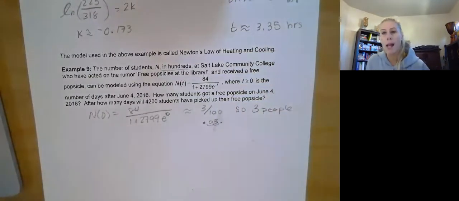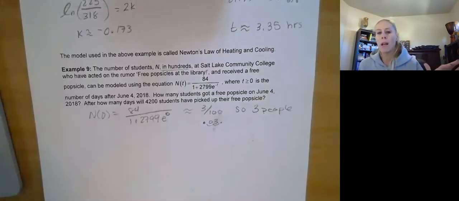Now, of course, as people get free popsicles, word spreads and more people come in to eat popsicles, right, guys? I mean, that's what we always know. So what we want to do is, after the rumor is spread, how many days will it take for 4,200 students to have picked it up?